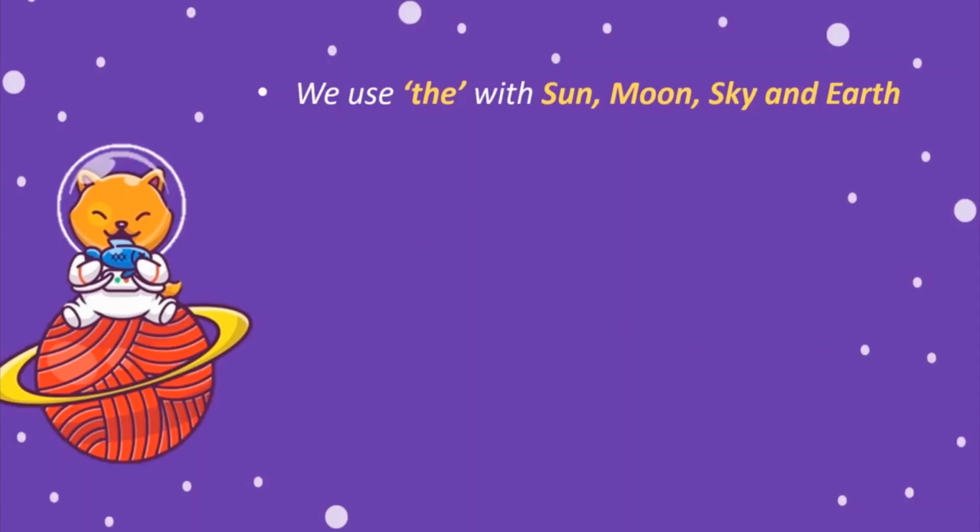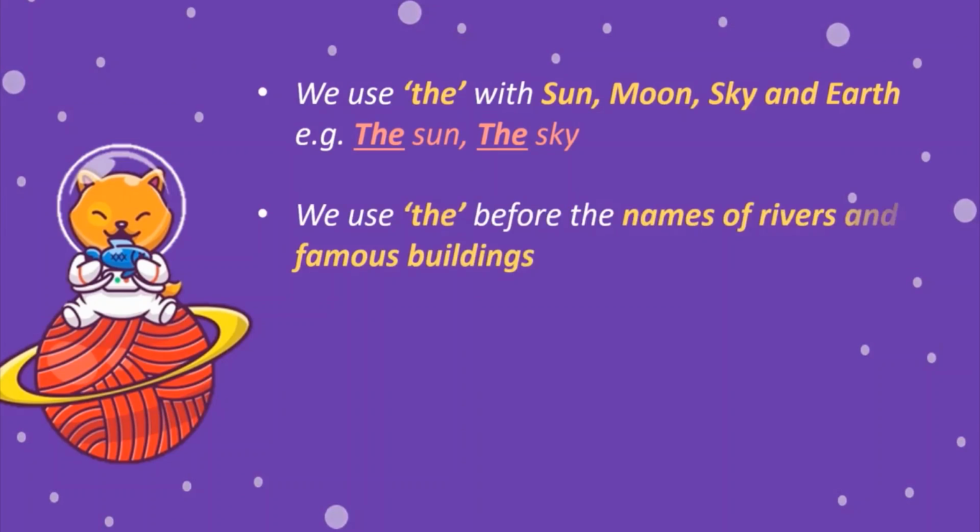We use the with sun, moon, sky and earth, like the sun, the moon, the sky, etc. We use the before the names of rivers and famous buildings or monuments, like the Kaveri, the Taj Mahal.